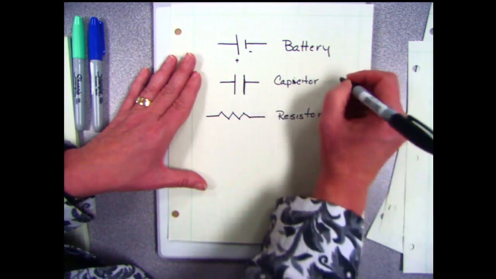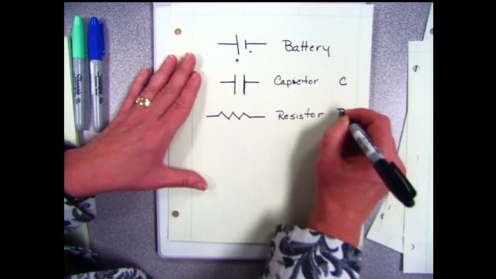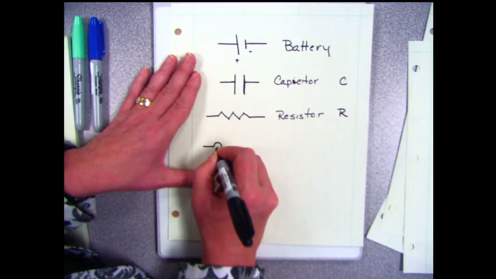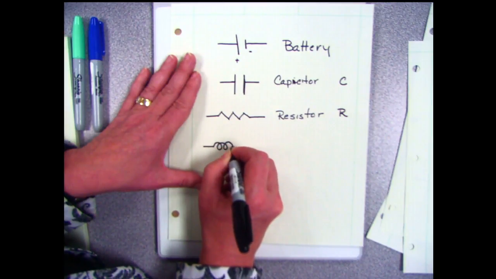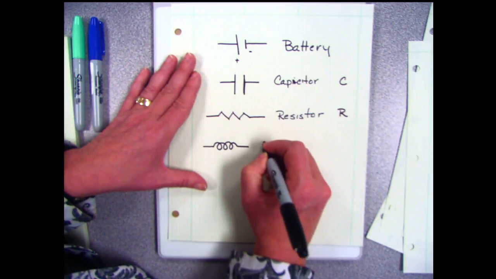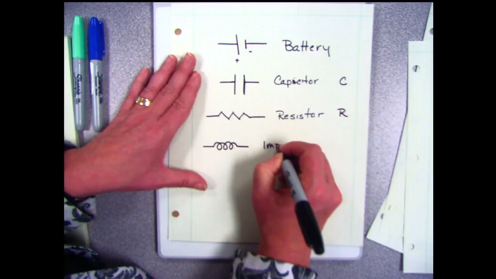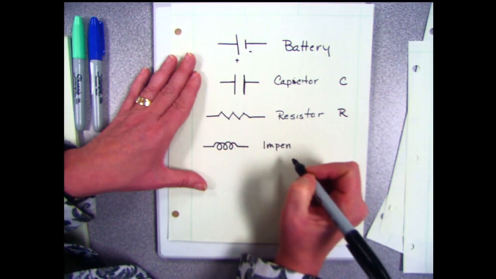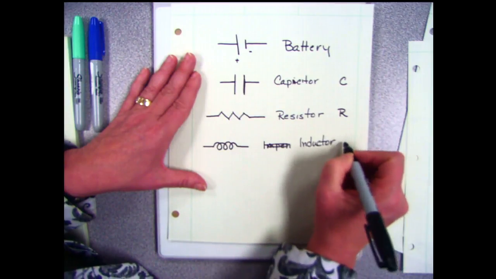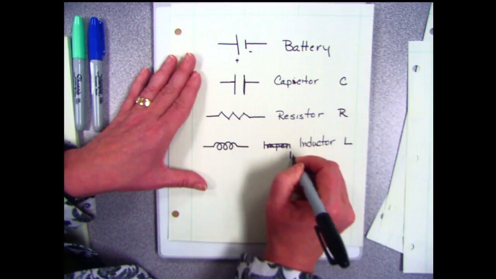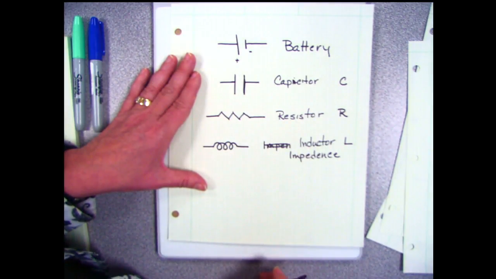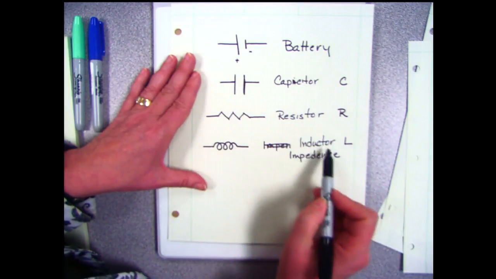Then ultimately we'll get to another device, and it'll look like a little curlicue. This is called an inductor, and it's represented by an L, and it uses something that we call impedance. So capacitors, resistors, and inductors. This gives me something called impedance, and we won't get to this until after we do magnetic fields.